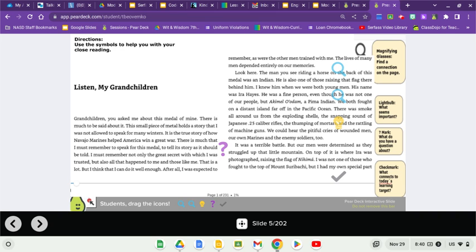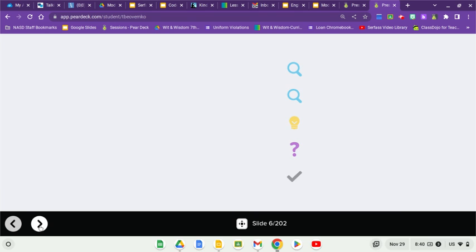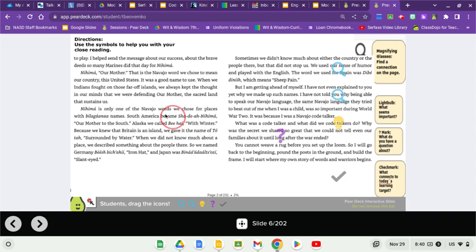On top of it is where Ira was photographed, raising the flag on Iwo Jima. I was not one of those who fought to the top of Mount Suribachi, but I had my own special part to play. I helped send the message about our success, about the brave deeds so many Marines did that day for Nehima. Nehima, our mother.